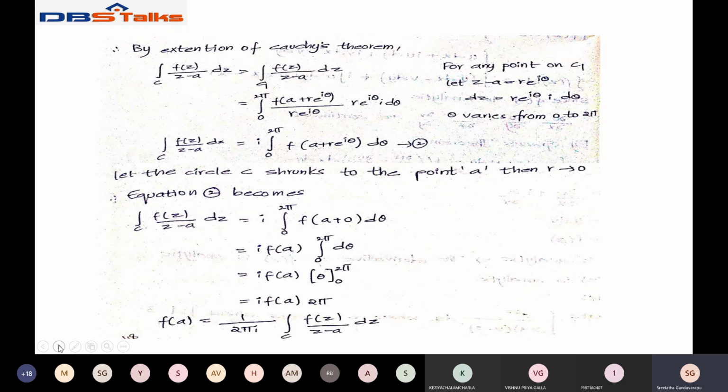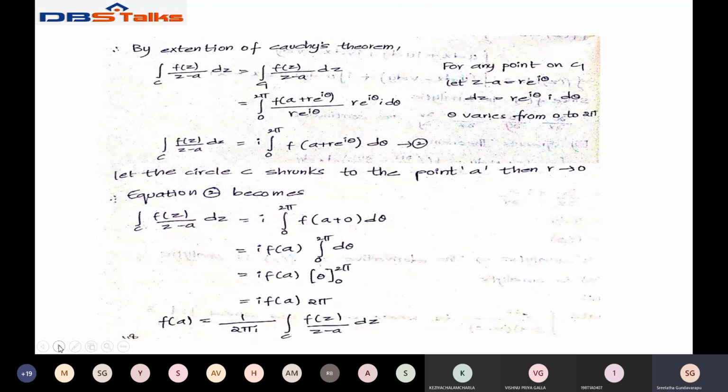See in this figure, let the circle C shrink to the point a. Shrinks means to make something smaller to the point a, then r tends to 0. So in equation 2, substitute r equal to 0. Integral over C f of z by z minus a dz equals i integral 0 to 2 pi f of a plus r, where r is 0, into d theta.